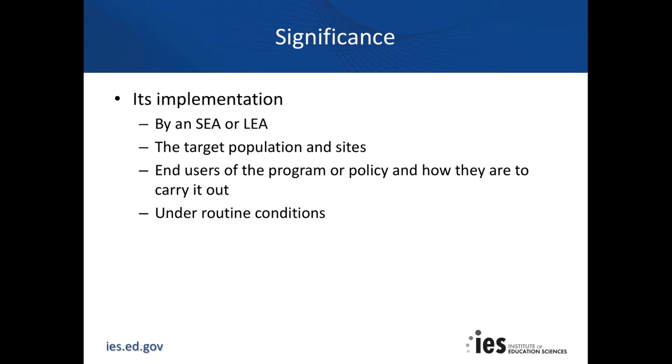In addition, you should note for its implementation where it is to be implemented, who it is to address, and that it is to be implemented under fairly routine conditions, that we are not doing extra support that a state or district will not be able to continue in the future. If you're evaluating a program that is receiving such extra support, you should apply under the 305A or 324A grant programs under Goal 3, the efficacy goal, which allows extra support to be provided.